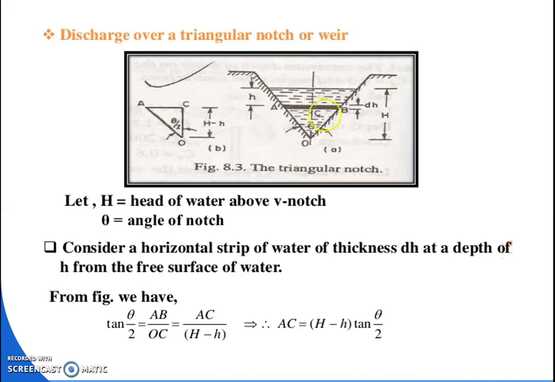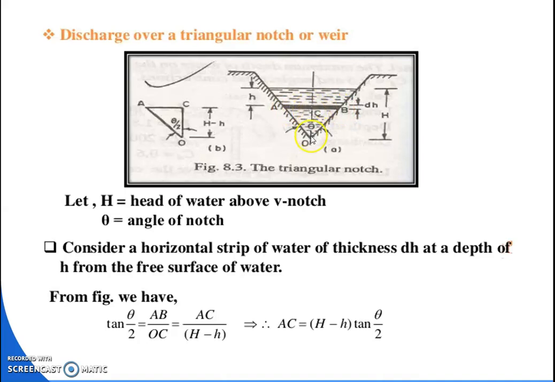Let's see the triangle OAB, in which triangles OBC and AOC are both equal. They have the same perpendicular line and OA equals OB. We are going to find the length of AB. The length of AB can be written as 2 times BC or 2 times AC.